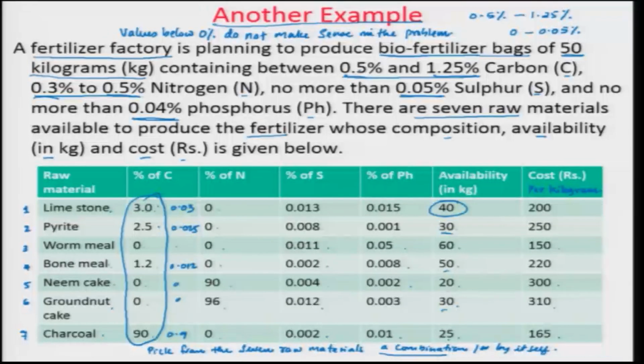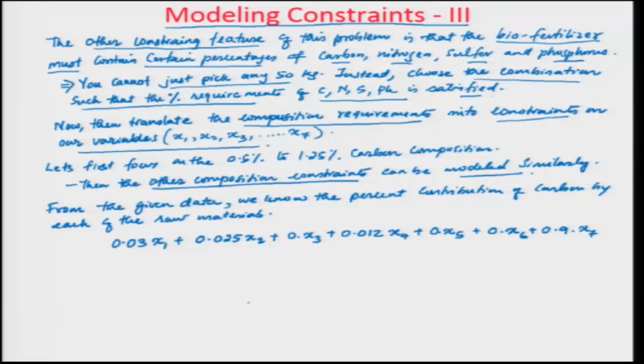You are dividing it by 100. So if we follow that, then we can write a constraint like this, and you can see that this variable times 0 is 0, this is also 0, this is also 0.